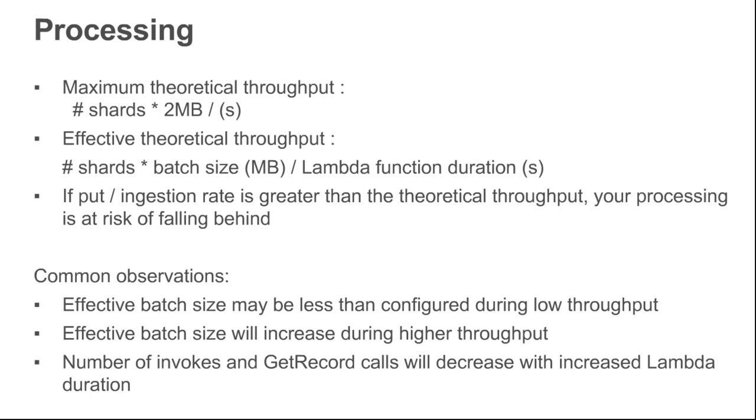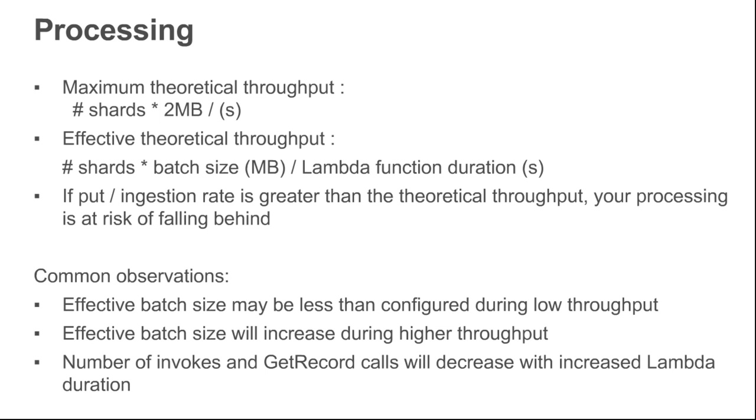Some common observations we've seen around this is that the effective batch size may be less than configured during low throughput. So even if you've configured your batch size to be 100, when you do not have many records in your stream, you will see a smaller effective batch size in your logs, or that you will see processed in a Lambda execution. The effective batch size will increase when you have higher throughput on your stream, and this is because the Lambda poller will be grabbing more records in each get records call.